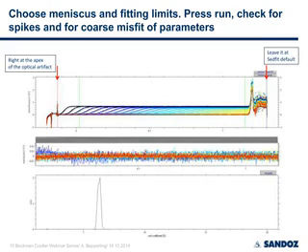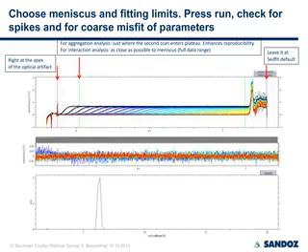A little bit more critical is the fitting limits. In my experience, it's usually best to look where the second scan enters the plateau, and there set the first fitting limit close to the meniscus for aggregation analysis, because it enhances reproducibility.